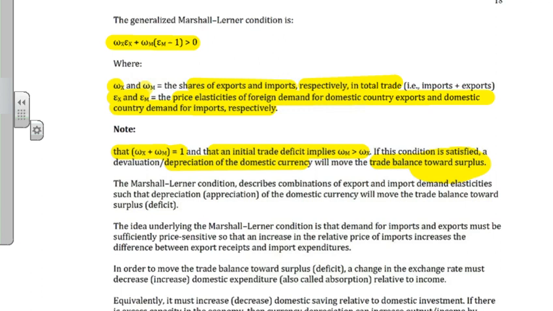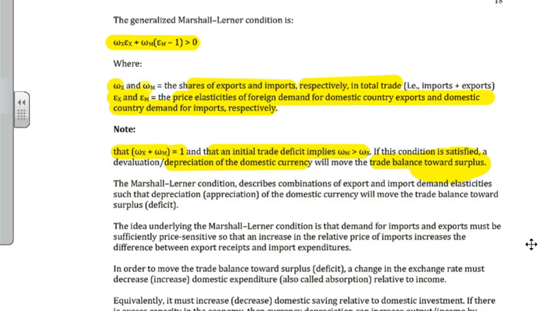My apologies. Let's talk about when there's imports. When I'm bringing goods in, remember we've got to pay for those goods. As you pay for goods, you pay in your currency, so you're buying another currency and you're selling yours, and as you sell down, that obviously depreciates your currency.